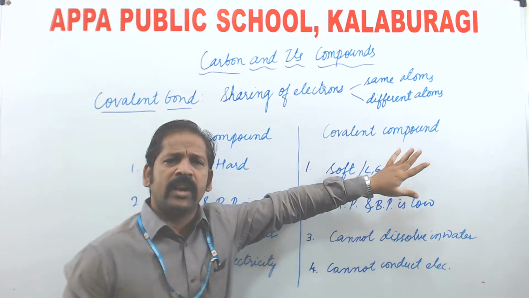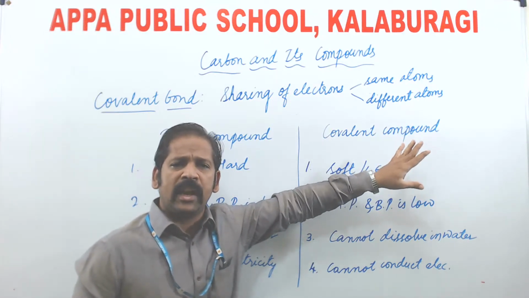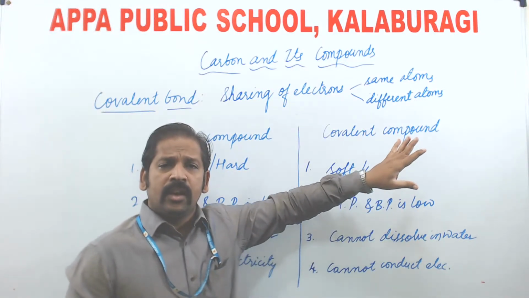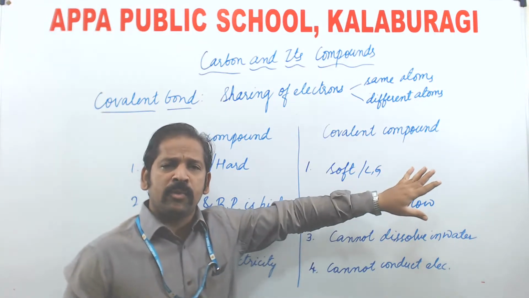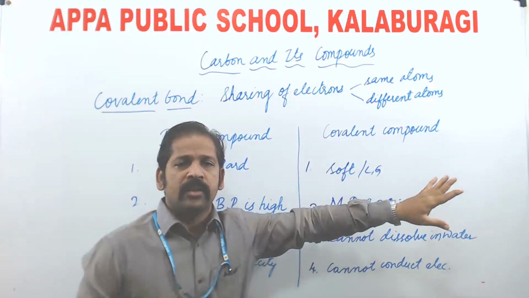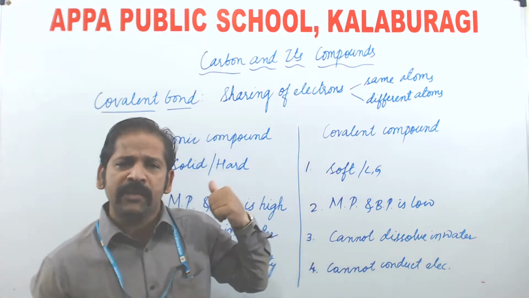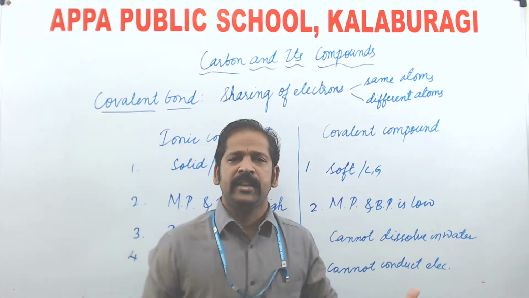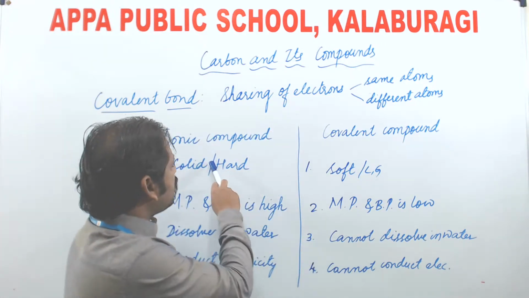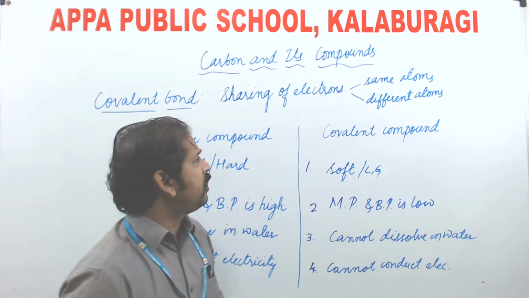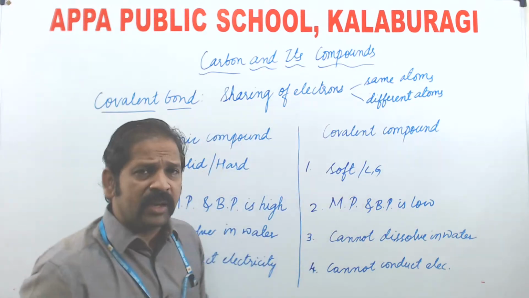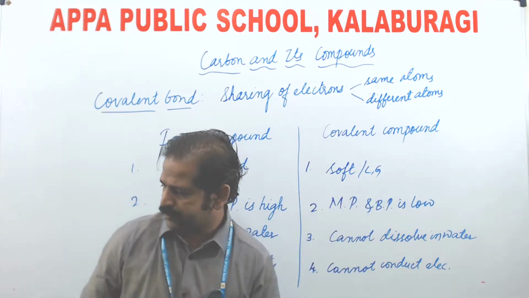What is stable? Attaining the stable electronic configuration, nothing but attaining 2 or 8 in the outermost orbit as a duplet or octet. They are donating electrons, receiving electrons, or sharing electrons. Okay, this is about the difference between ionic compound and covalent compound. Now we will start the next part, how the electrons are shared between themselves.